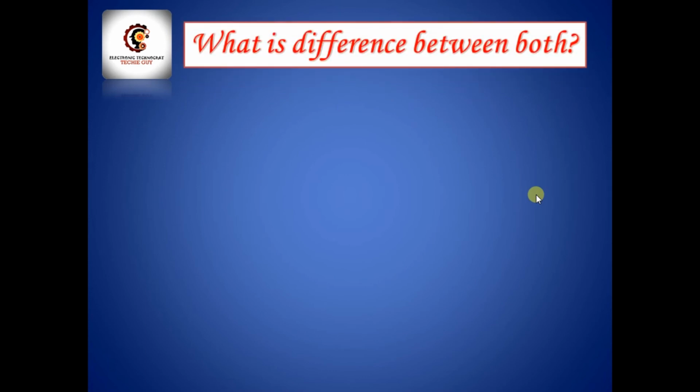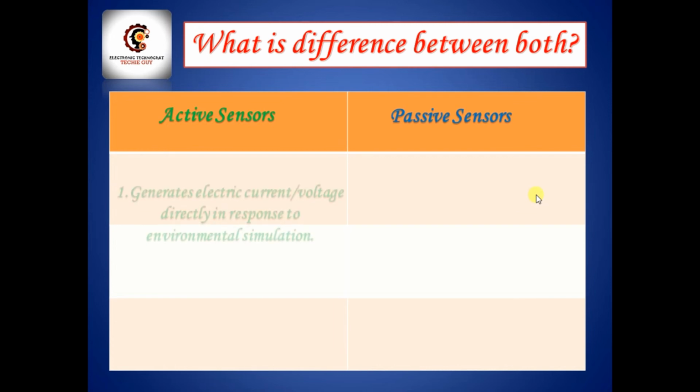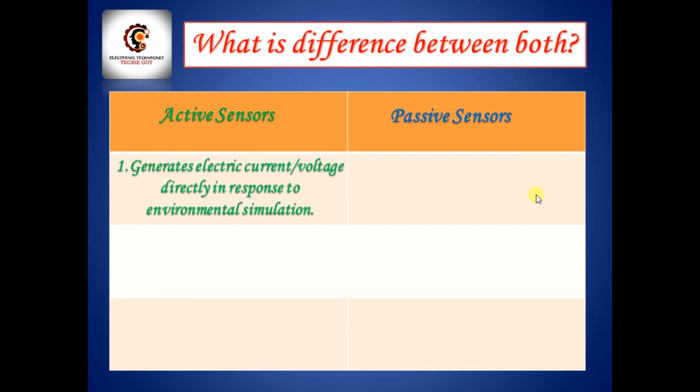This is a very common question that is asked. So let's start. The first one is active sensor, the next one is passive sensor. The first point is it generates electric current or voltage directly in response to the environmental stimulation. Very easy to understand. The next one is it usually requires additional electrical energy for excitation. That's absolutely correct, as we have seen in the previous examples as well.